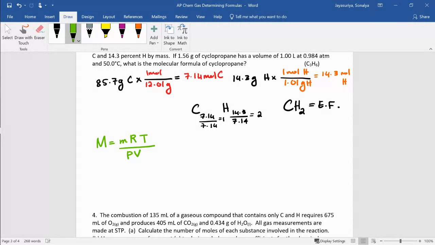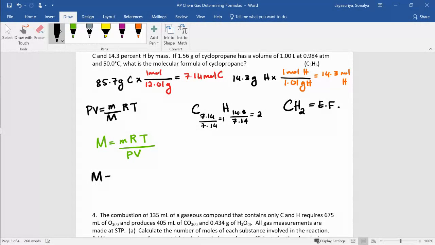If you forgot where this came from, if you look at the regular version of the gas equation, it's just PV = nRT, but the n is mass over molar mass, right? Mass divided by molar mass gives you moles. So you can replace the n with mass divided by molar mass. And if molar mass is capital M, you can solve for molar mass here. Okay? So let's plug these values in and solve.